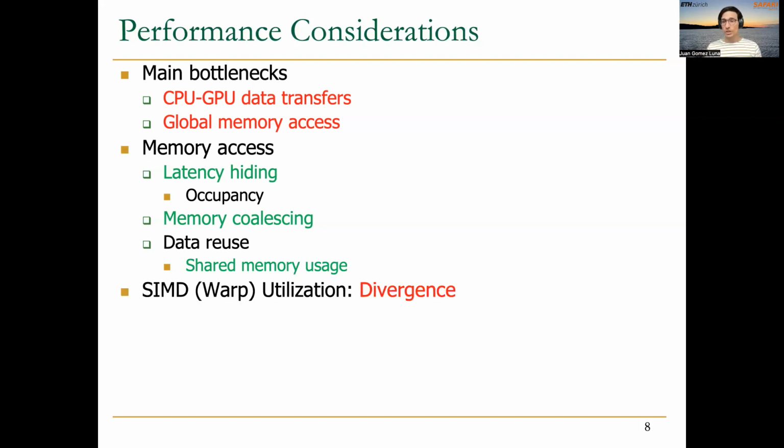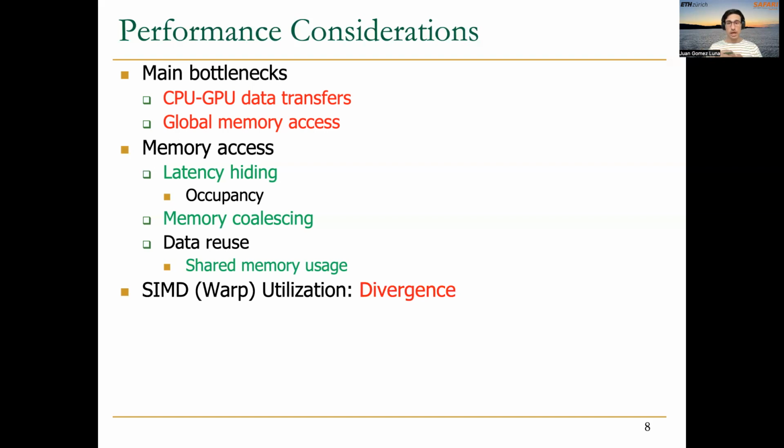Another important consideration is SIMD or warp utilization. Remember that SIMD architectures operate on different elements of a vector or an array in lockstep. So in a GPU, all threads belonging to the same warp are making progress all together. If we have divergence, some threads will operate first and other threads will operate later.